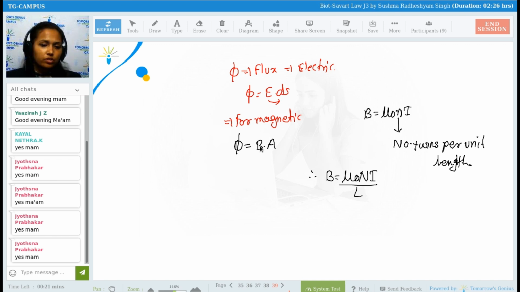Just apply this formula on your white screen. So get the answer.